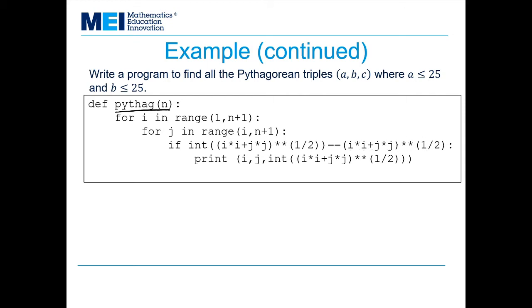So that's saying that the square root of i squared plus j squared gives me a whole number. And if it finds an example where this is the case, the program is going to print out i and j, and then it's going to print out the integer part of the square root of i squared plus j squared.